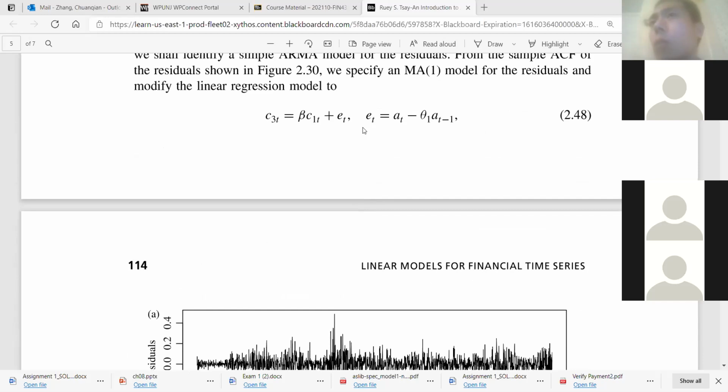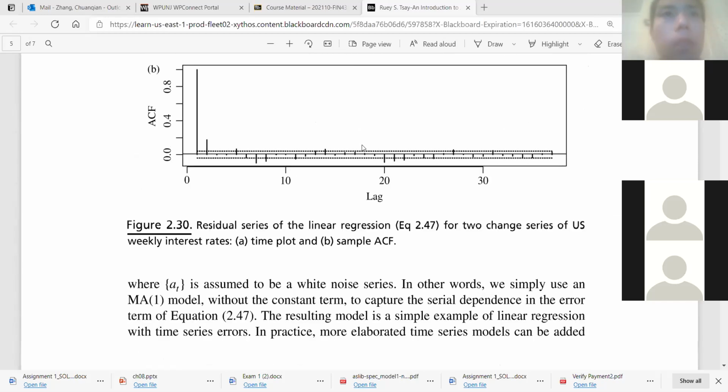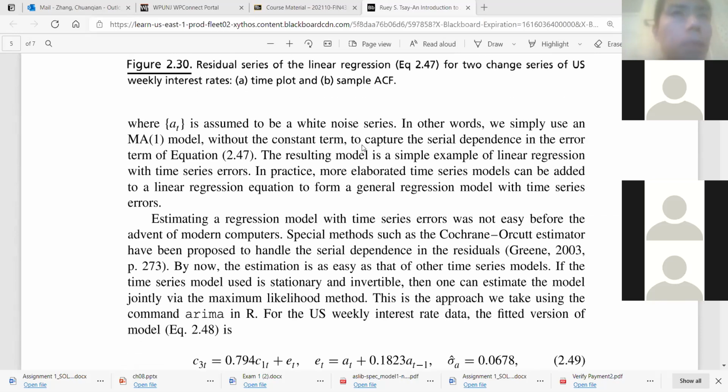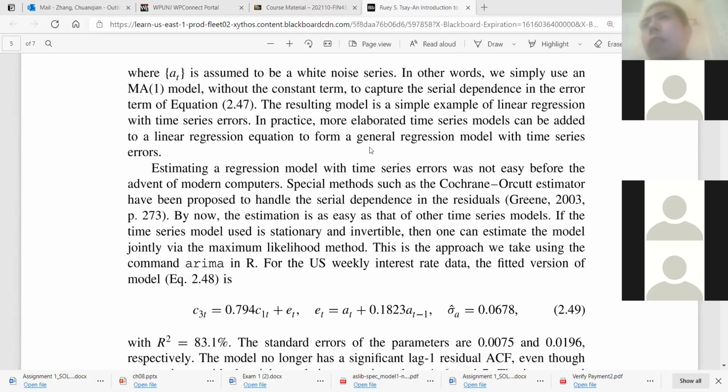R will do that for us automatically. Estimating such a model is very tedious, right? The author mentioned that several decades ago, but now it's very easy thanks to computer software.